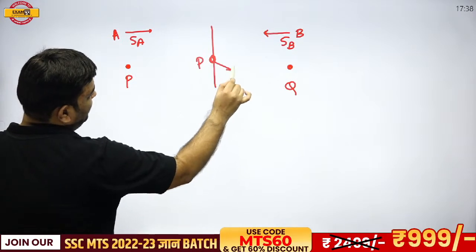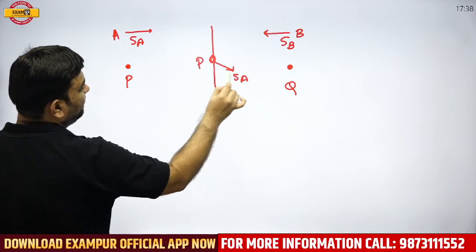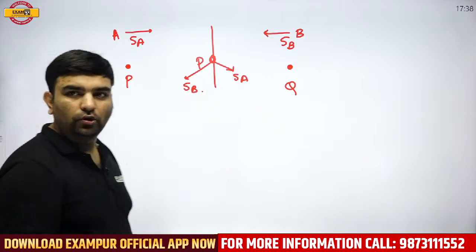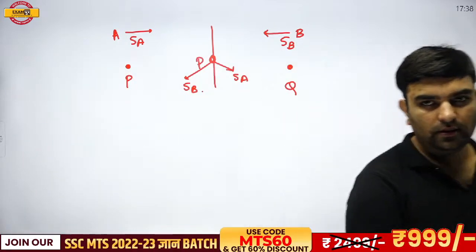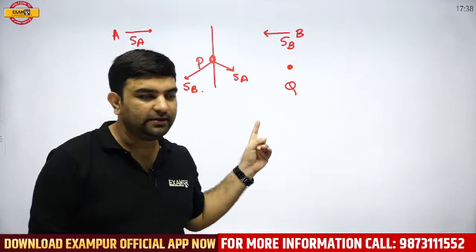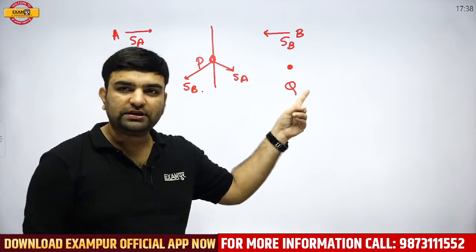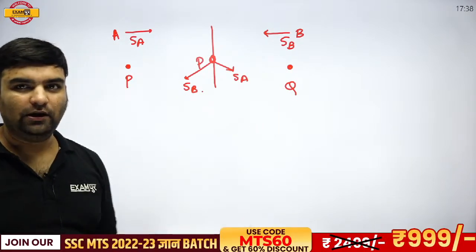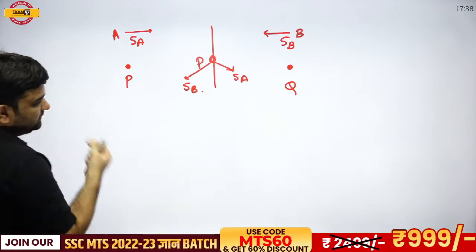After that point, A will move towards Q and B will move towards P. After meeting, A will go towards Q and B will go towards P. Pretty logical.